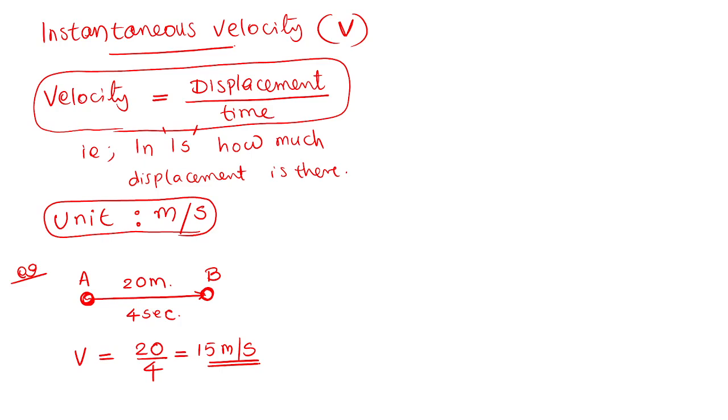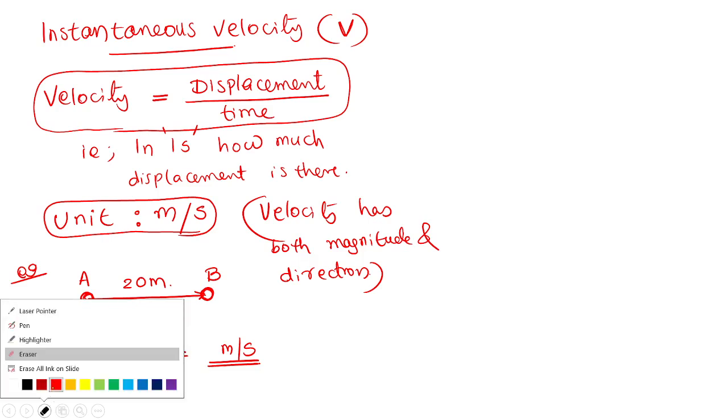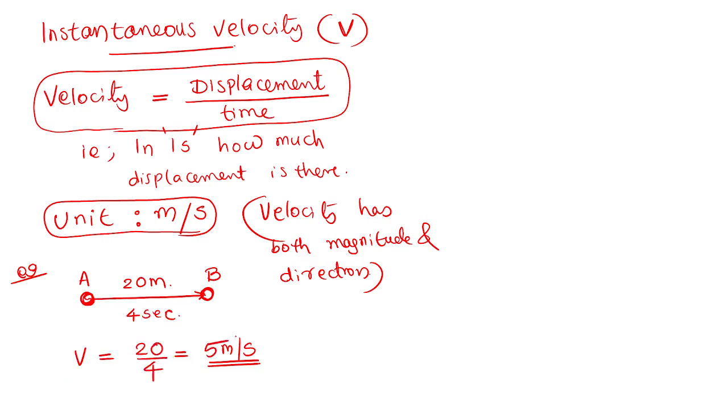So velocity has both magnitude, like 50 meter per second, 20 meter per second, as well as direction, I mean north direction, east direction. Please note it. It is 5 meter per second.